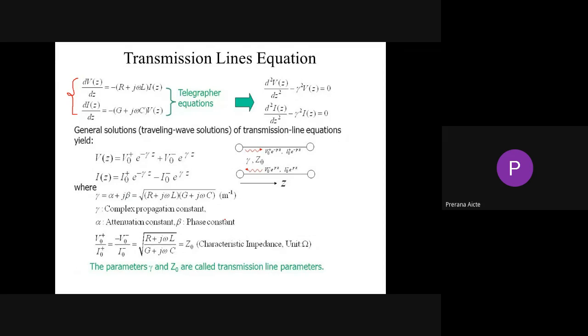Now here this propagation constant γ is expressed in terms of the primary parameters R, L, C, G. This γ is a secondary parameter, whereas R, L, C, G are the primary parameters of a transmission line.